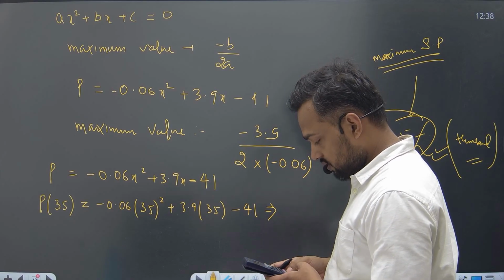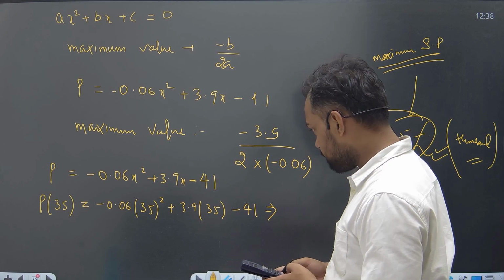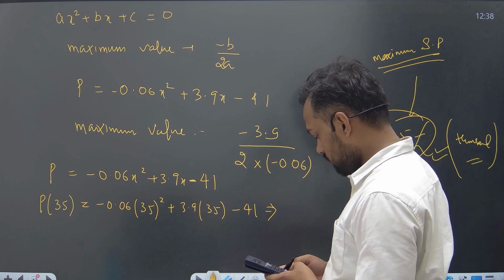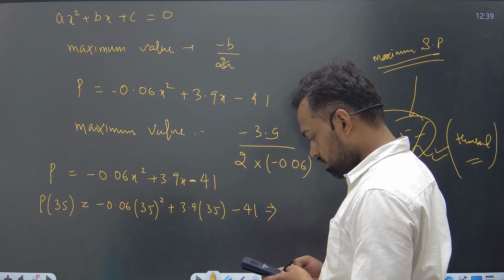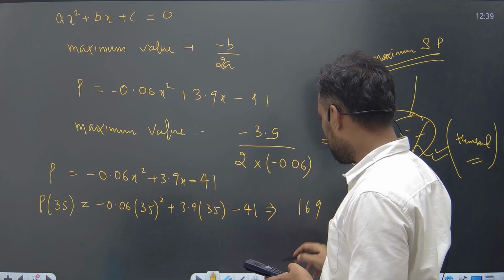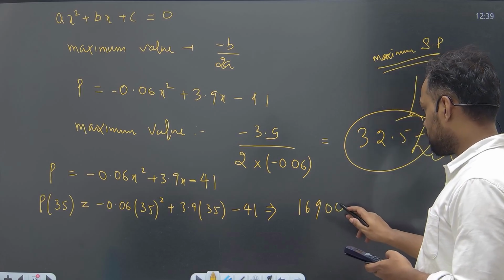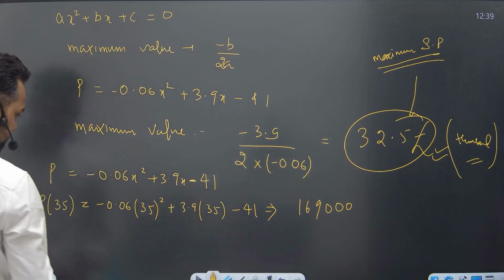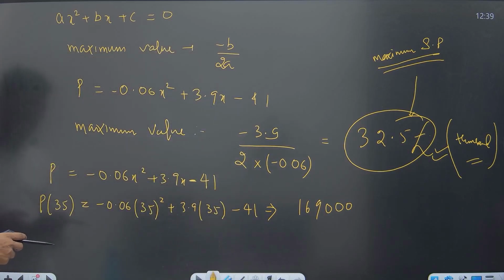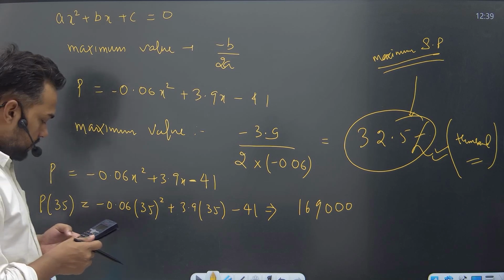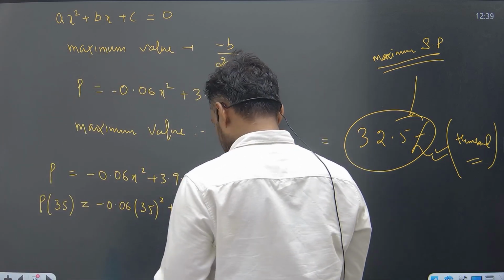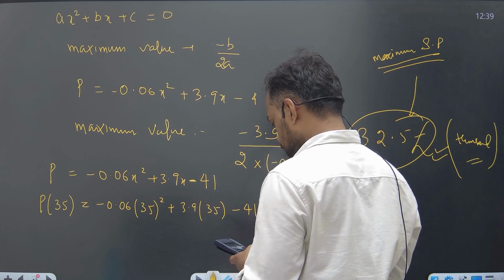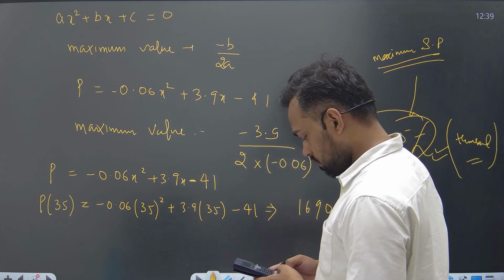So it will be negative 0.06 cross 35 square plus 3.9 cross 35, negative 41.